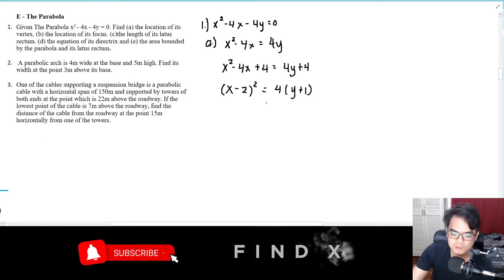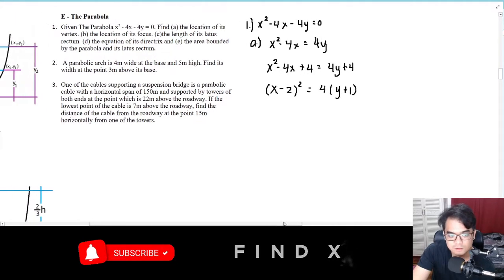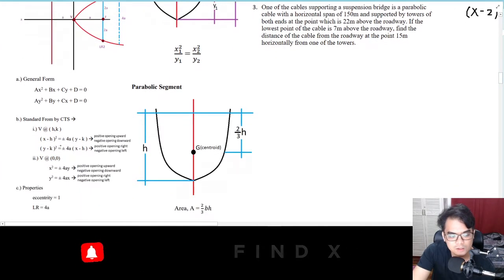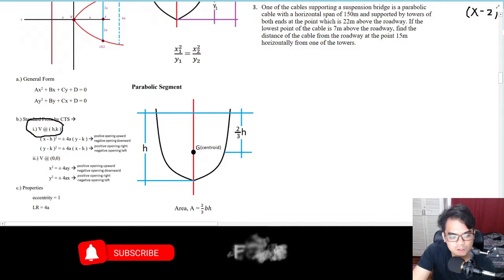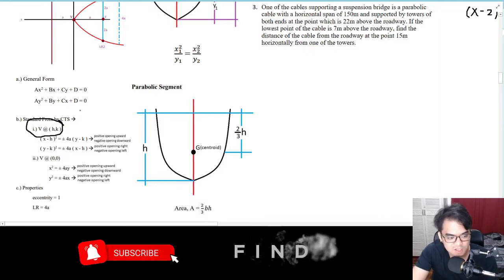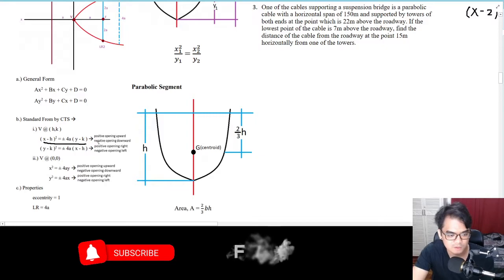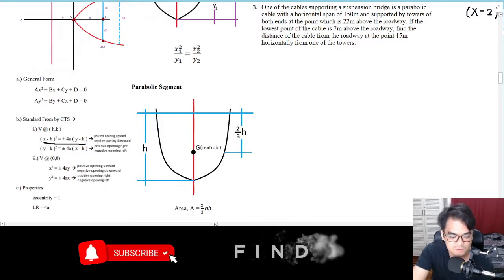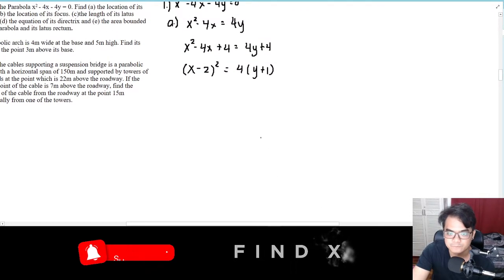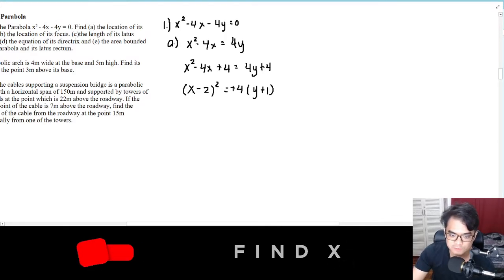Okay, so from that, going back to the original, so as you can see, this one here, that's vertex at hk. So by comparison, x minus h squared equal to plus or minus 4a y minus k. If it's positive, the opening is upward. Okay. So as you can see, this is positive, right?